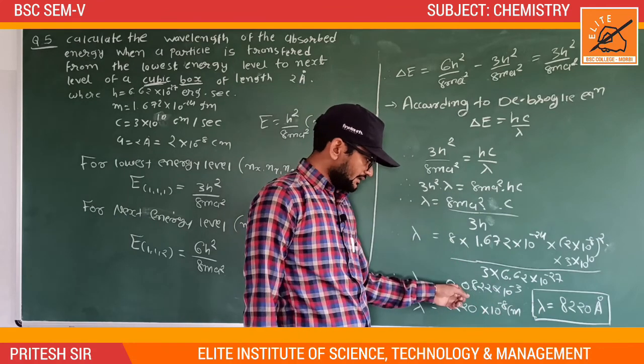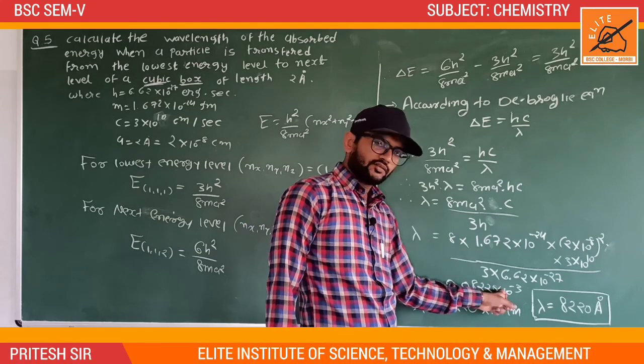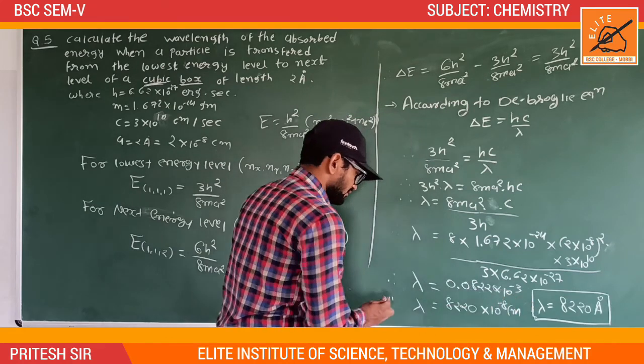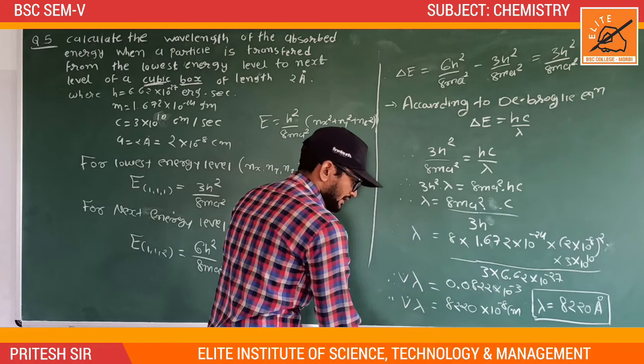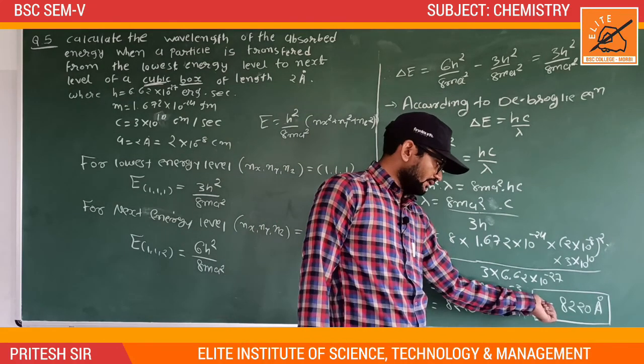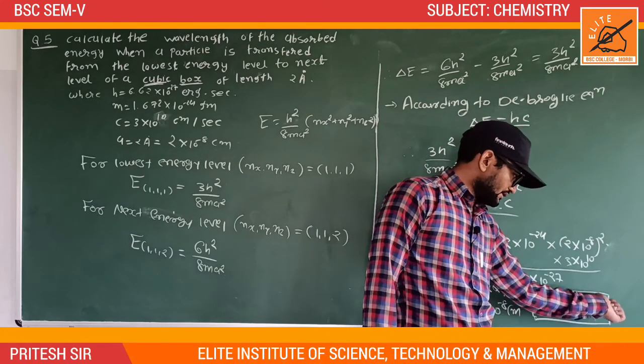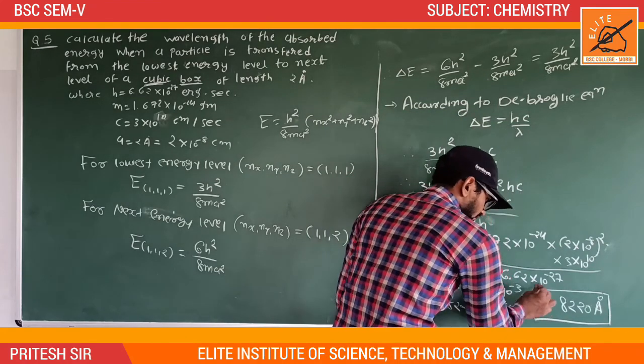If you write 0.0822 into 10 to the power minus 3, it is also right. And with conversion of centimeter into angstrom, the value of lambda is 8220 angstrom. Got it? This is also right.